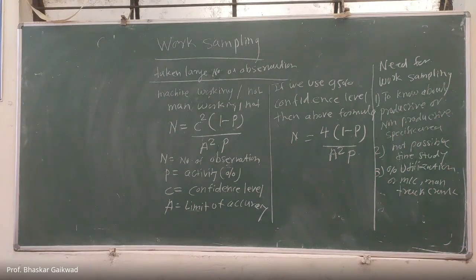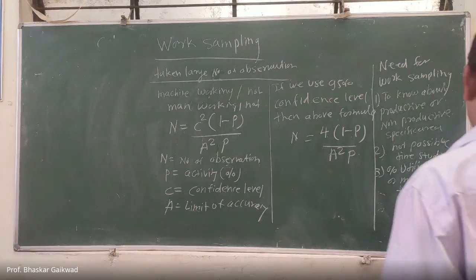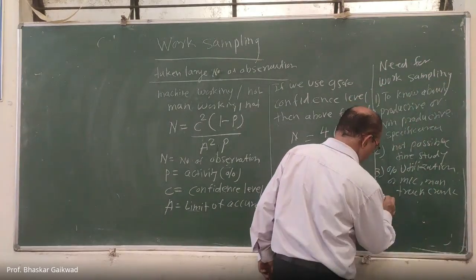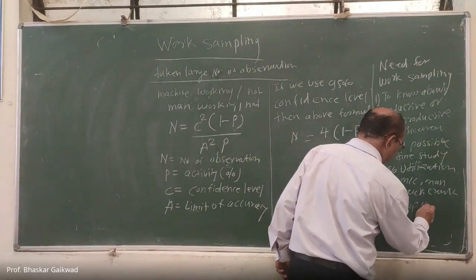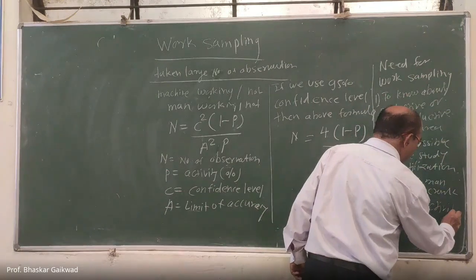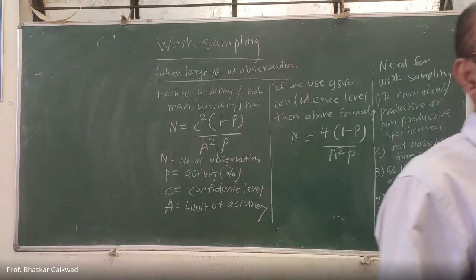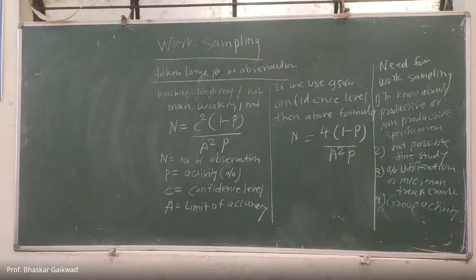Estimate the percentage of idle time of men in group activities. In group activity, any work is there, for example, making the assembly of an IC engine. Here is the group activity. So here, estimate the idle time, or how many persons remain idle how many times through this group activity.